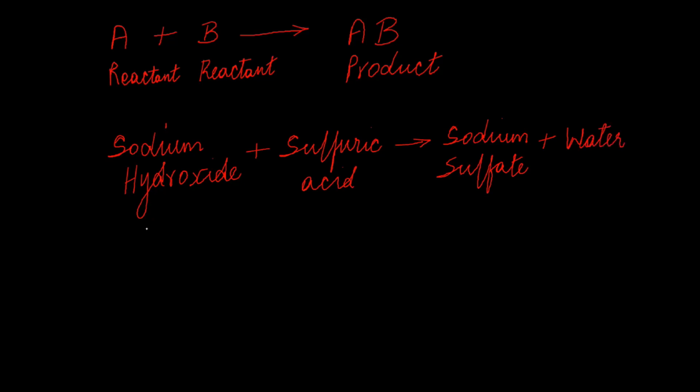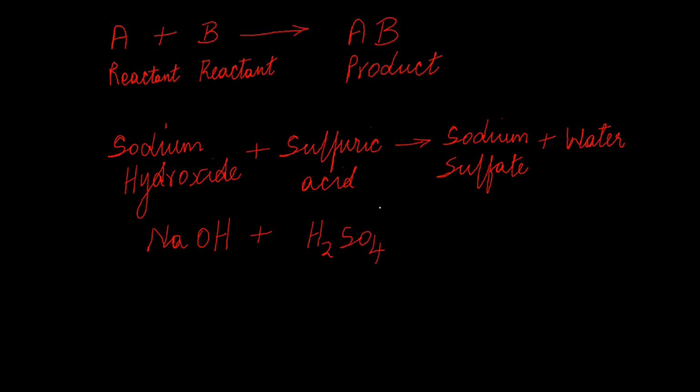Now, sodium hydroxide formula is NaOH. You know why? Because sodium has a valency of +1, OH has a valency of -1. Is it clear? Now, sulfuric acid is H2SO4.